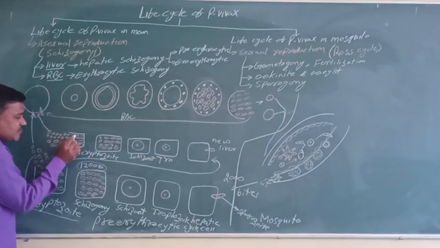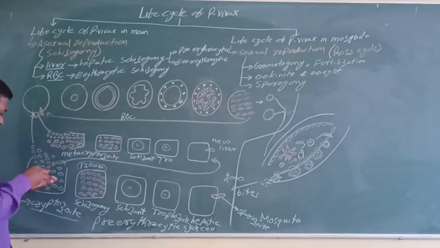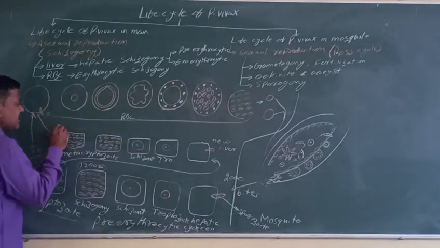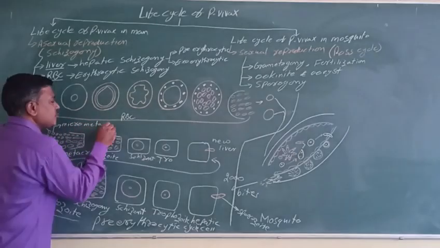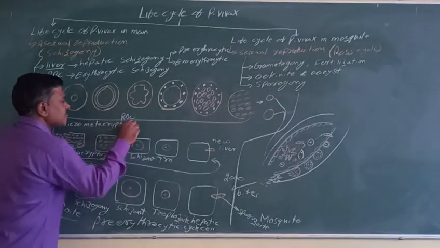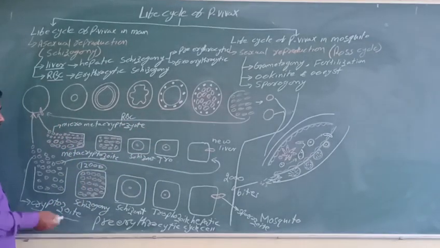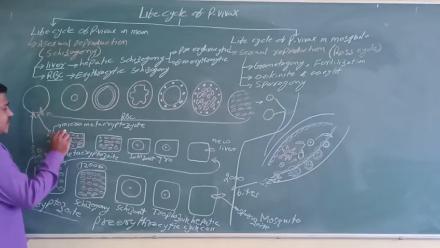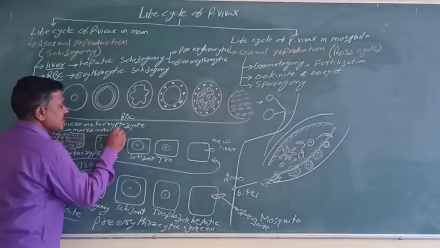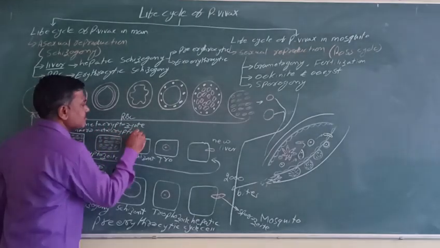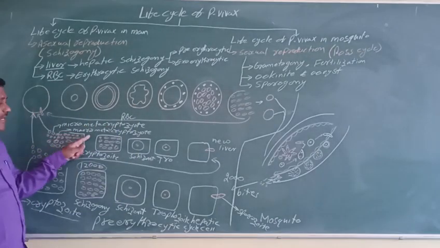I have drawn here small structures and here somewhat larger structures. The small ones are called micro metacryptozoites, and the large ones are called macro metacryptozoites. So this is micro metacryptozoites, macro metacryptozoites.